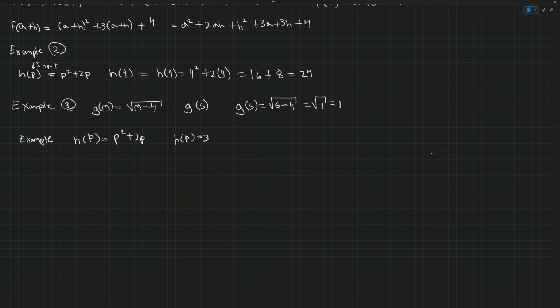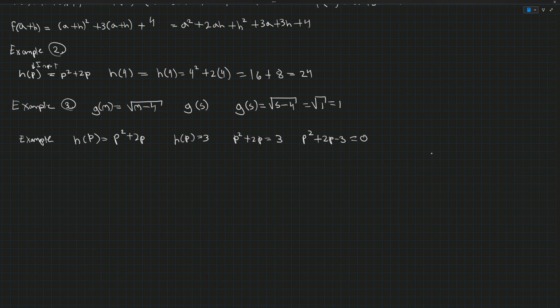Well, this time we're going to work backwards, and since we know that h of p is just equal to p squared plus 2p, this is really saying that p squared plus 2p is equal to 3. Which implies that, of course, this is just a quadratic. So we could rewrite this as p squared plus 2p minus 3 is equal to 0.